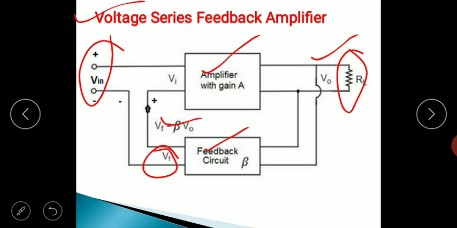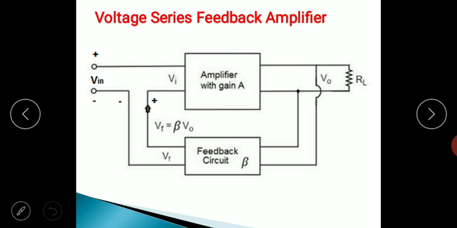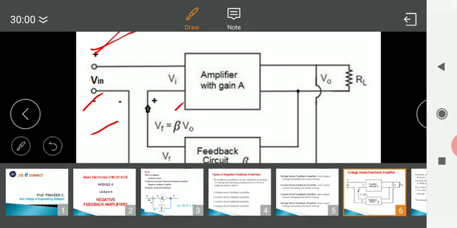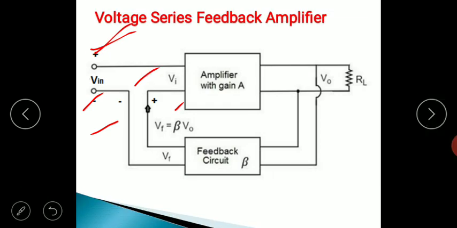And if you see the polarities of the input connected here, this is positive and negative, whereas the feedback signal VF here is negative and positive. That means the input signal and feedback signal are out of phase, hence it ensures that negative feedback exists, right?